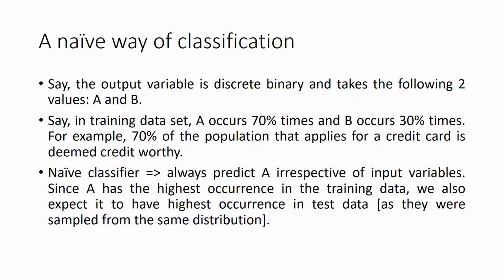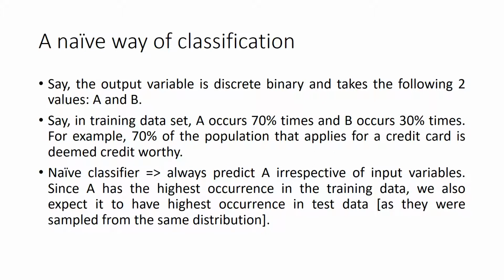So a naive classifier could say, I will always predict A irrespective of the input variables. I do not care what the input is. I do not care what the input says. I will always say A because A has the highest occurrence in the training data.